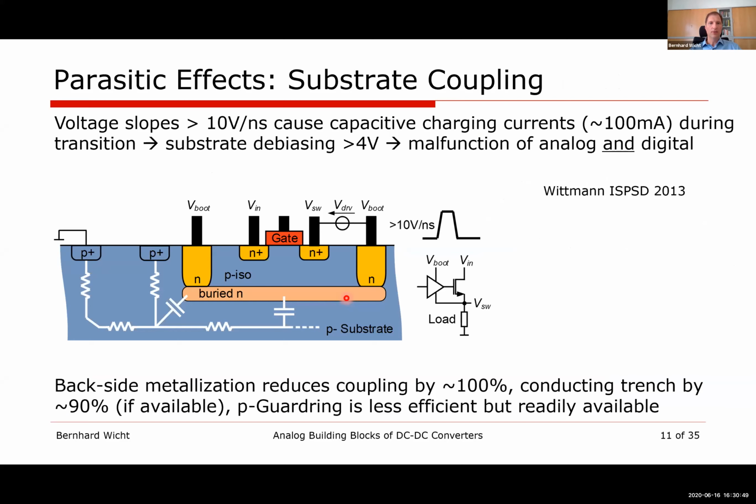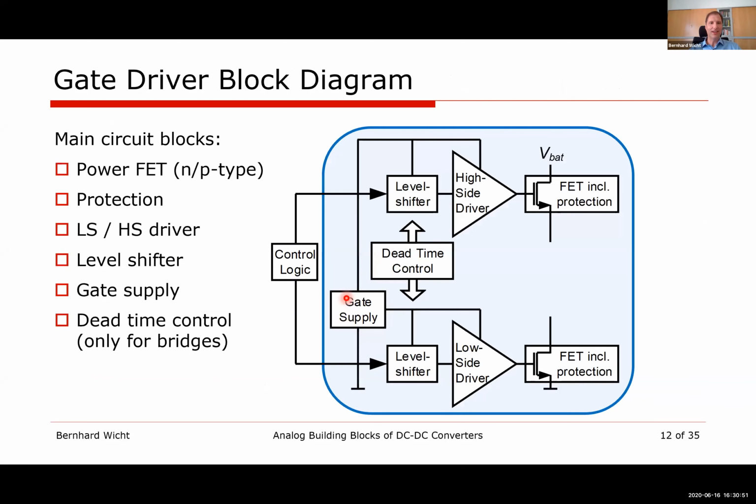So now we are really still at the power stage. Now we go into the gate driver, which of course combines the power transistor with the driving circuits. If you look in detail, it's a little bit more than just turning on and off the switch. We see a low side driver and a high side driver here, and the drive levels are of course a little bit higher.